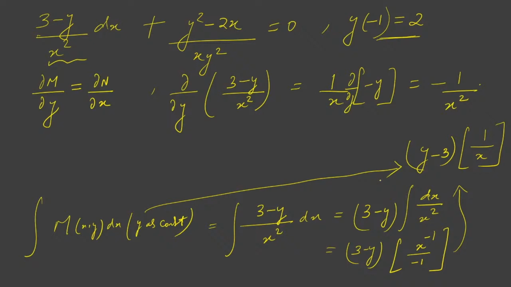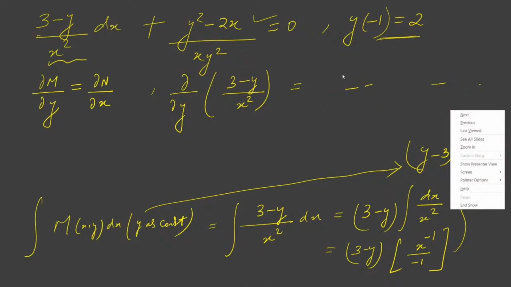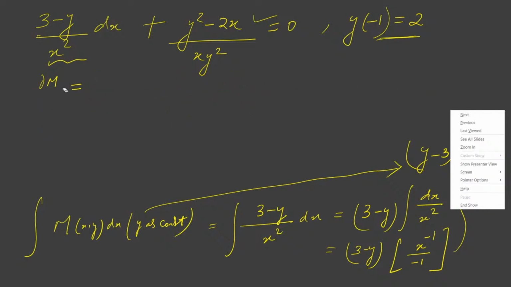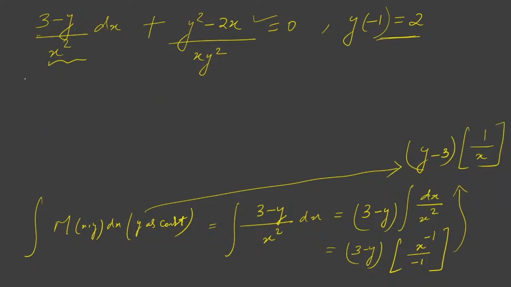Now what we have to do, we have to integrate only those terms which do not contain x with respect to y, right? So let us see here. You have to integrate N of xy with respect to y only, but only those terms which do not contain x. So integration of y minus 2x divided by xy square dy.